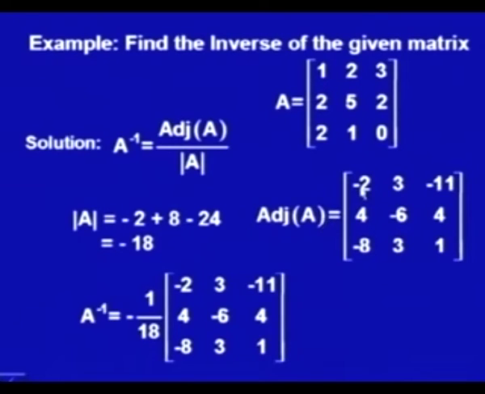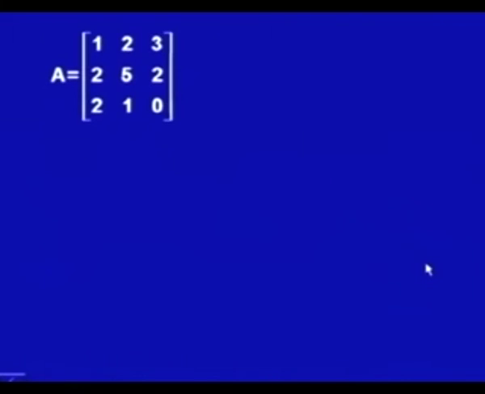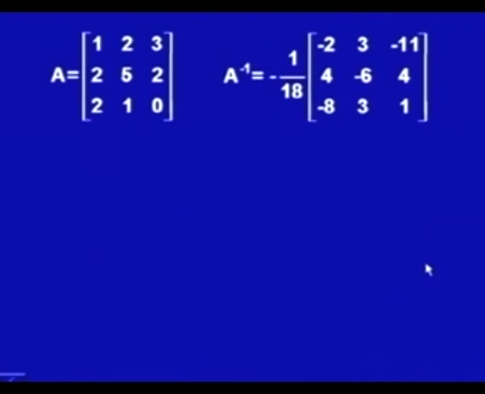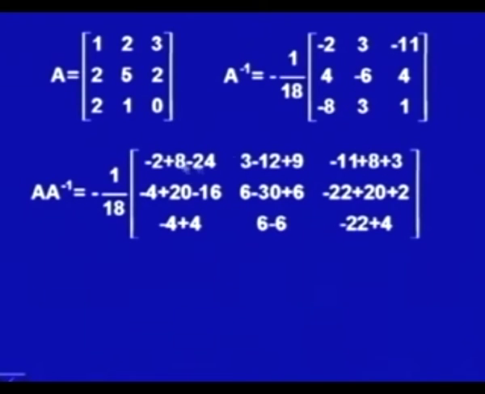Adjoint A, I have already computed in one of the earlier exercises. So, simply A inverse is 1 upon minus 18 times the adjoint of A. So, that is A inverse. Given A and A inverse which I have computed, one can verify that this comes out to be identity.